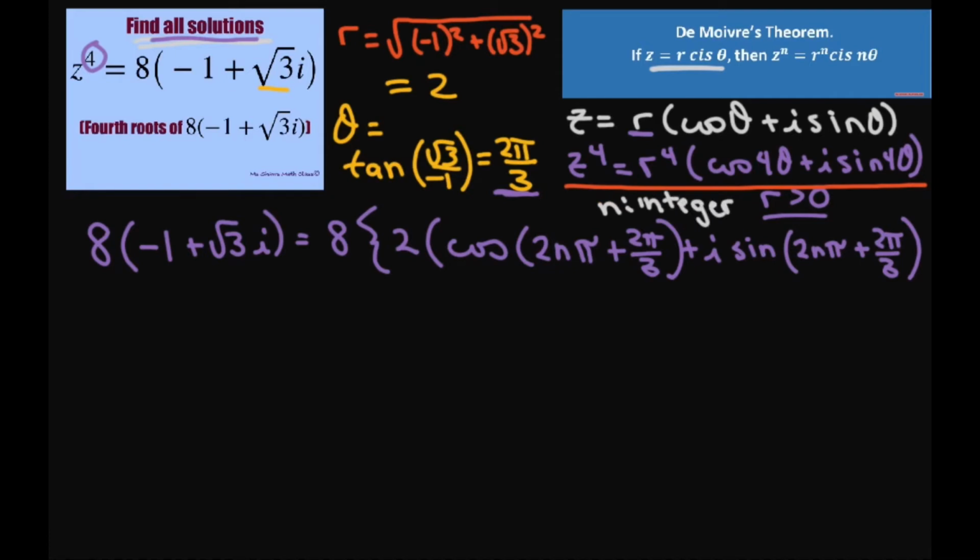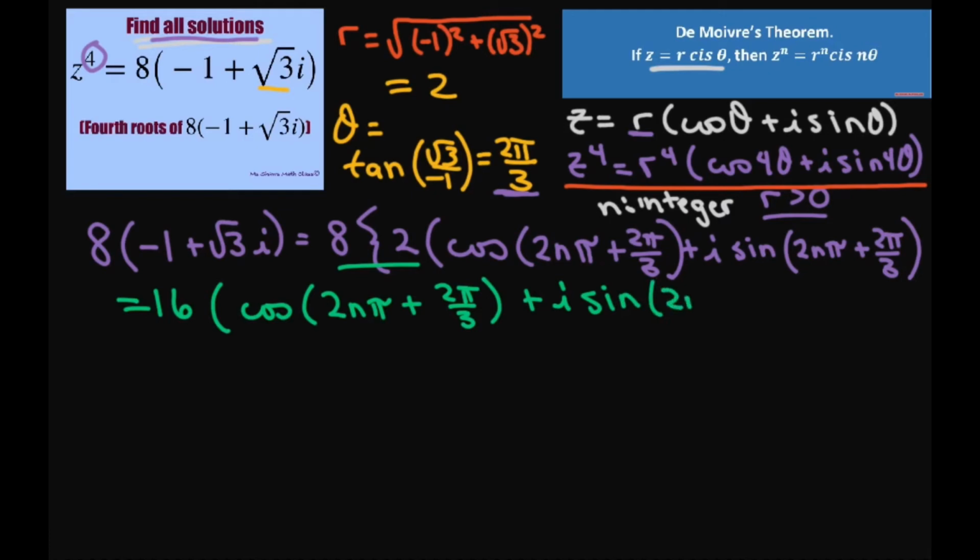Now that we have that, let's simplify this. You can multiply these two, and you're going to get 16 times (cosine of 2n pi plus 2 pi divided by 3, plus i times sine of 2n pi plus 2 pi divided by 3).